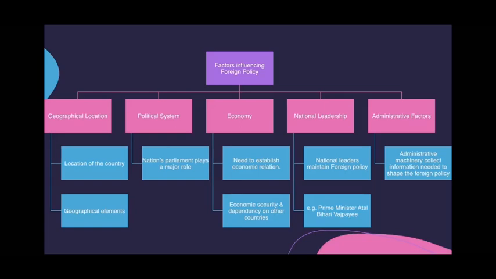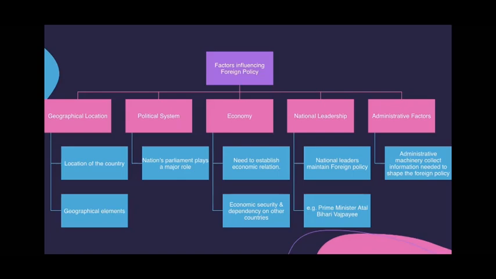The next factor is economy. Now, foreign policy is shaped by the need to establish economic relations. We are talking about import and export relations. We are talking about participation in world trade. Things that help in strengthening the economy of the country. All these impact foreign policy.